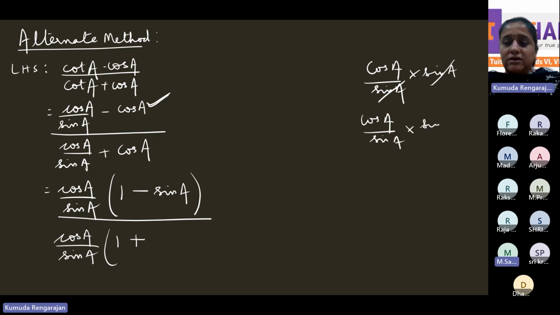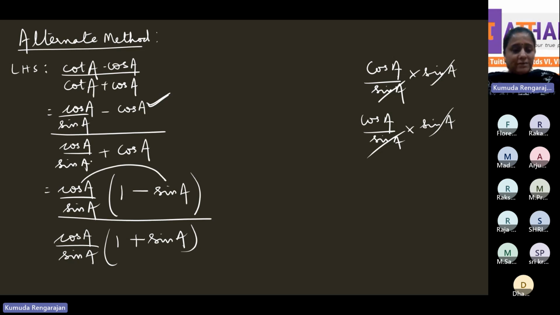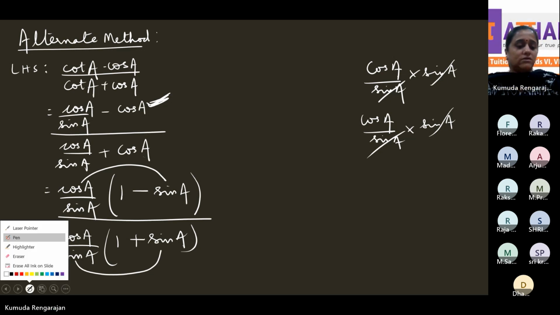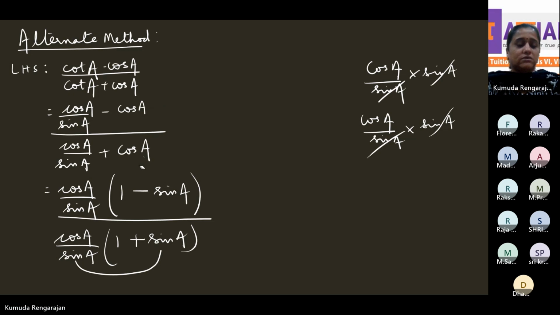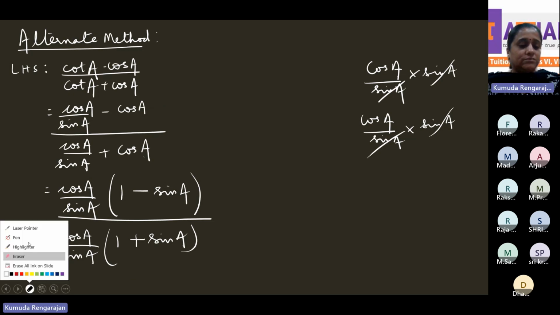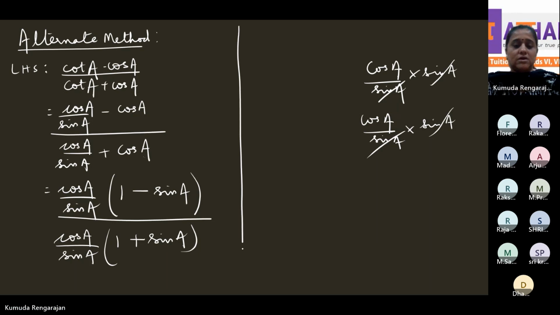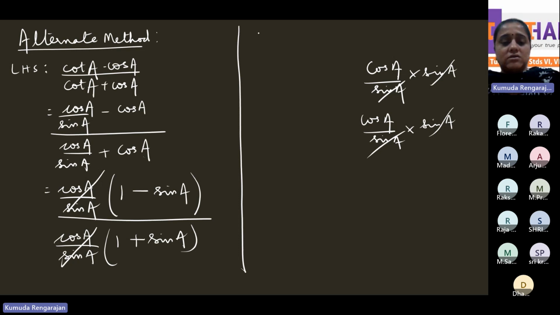Into sin A. Because when you multiply these two, you will get cos A. Now, as Shashank says, this will get cancelled. So now we have 1 minus sin A by 1 plus sin A.